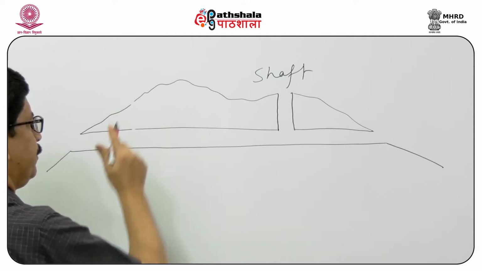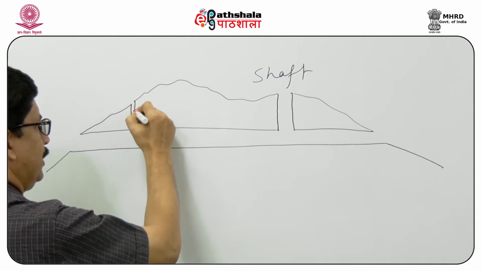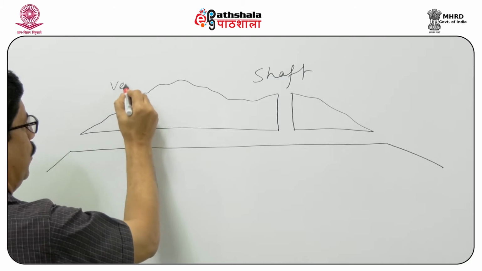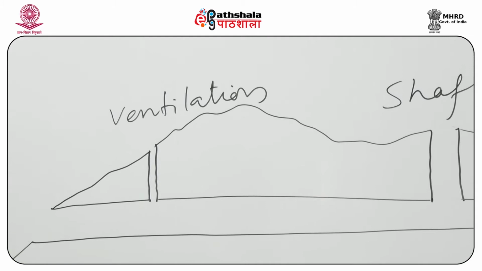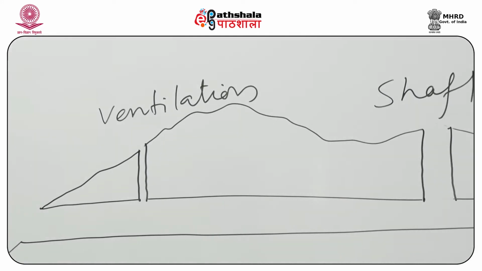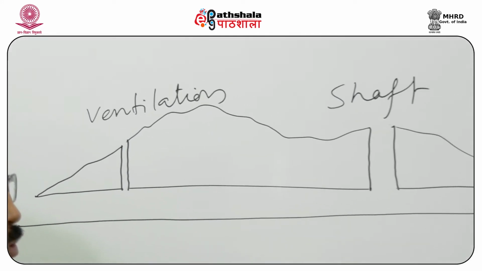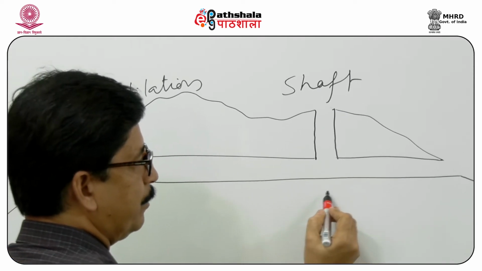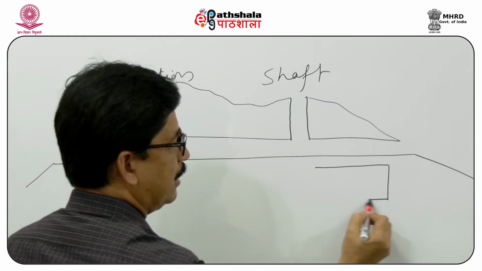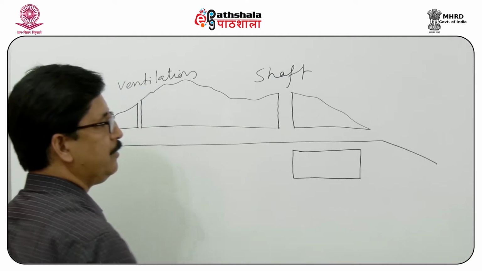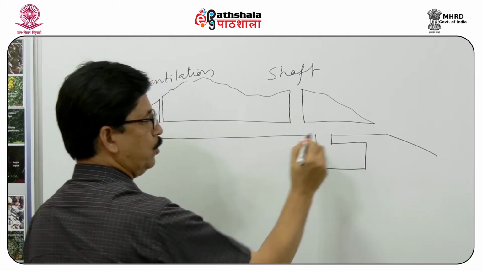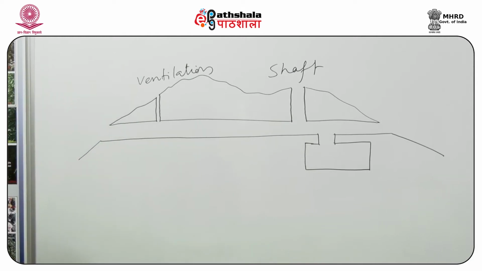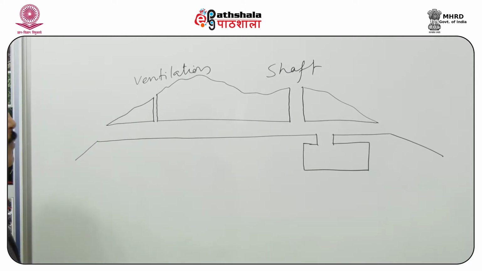Sometimes we may have some small diameter shafts which may be used for ventilation. So we may have different kinds of openings related to the tunnels. If you are having metro tunnels, then associated with the metro tunnels are the railway platforms, railway stations, which are bigger and rectangular openings.